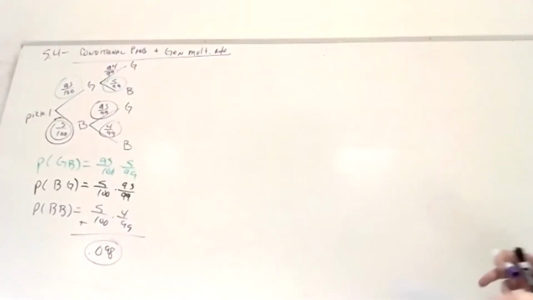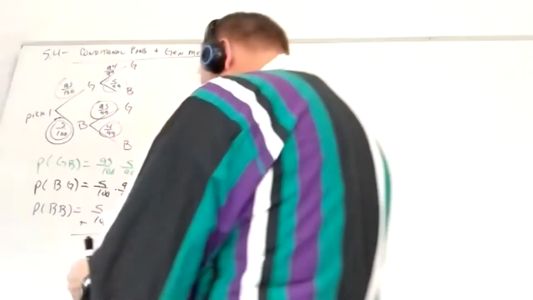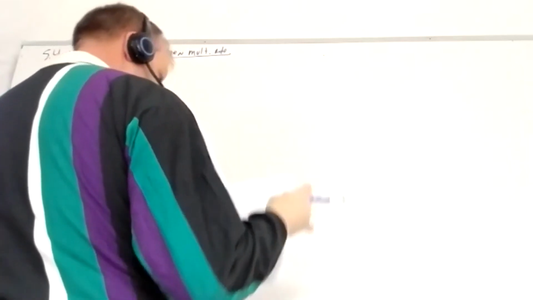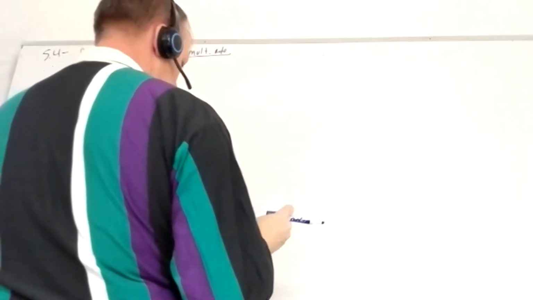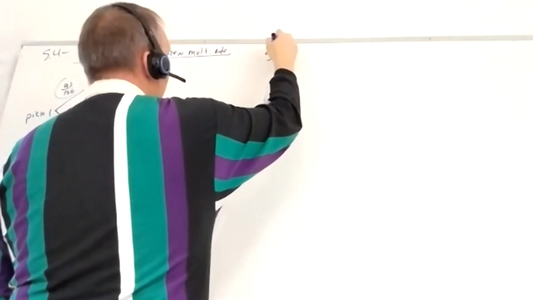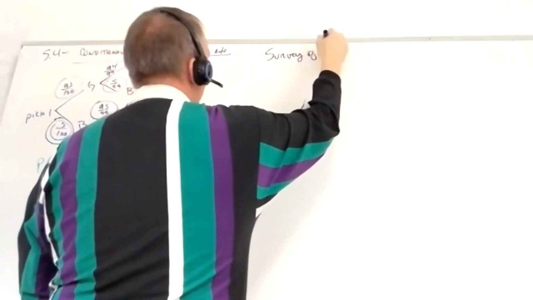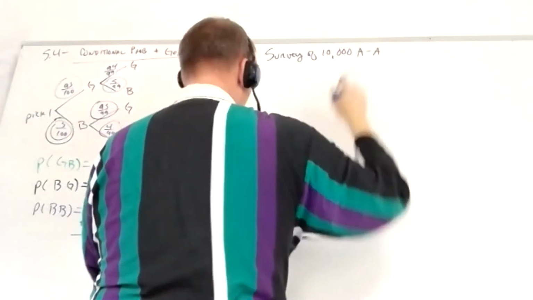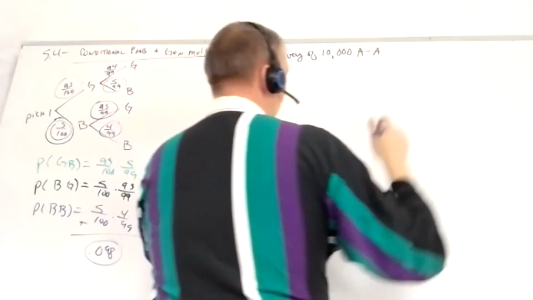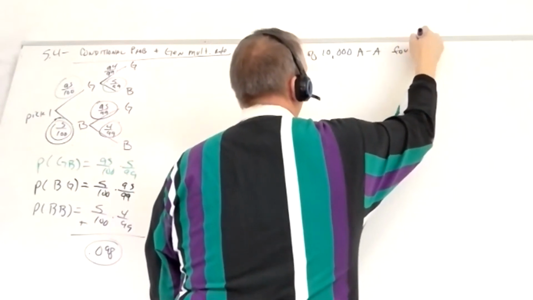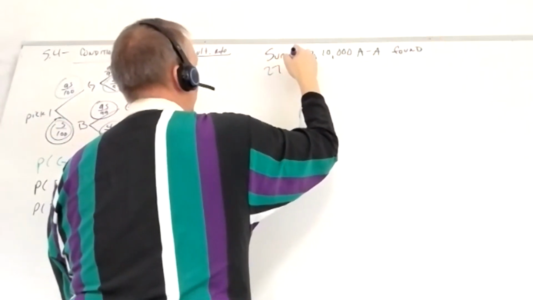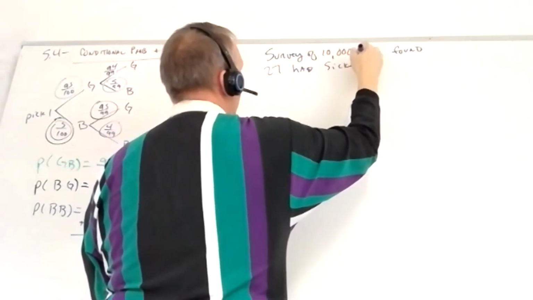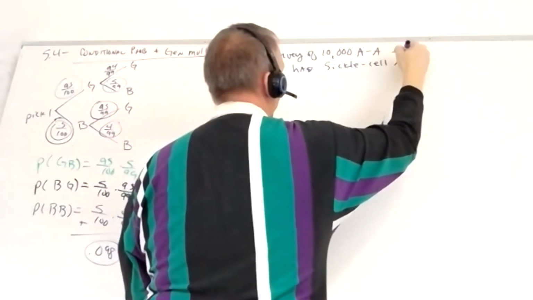Okay. All right, so now let's say that we did a survey of 10,000 African Americans and found 27 had sickle cell anemia.